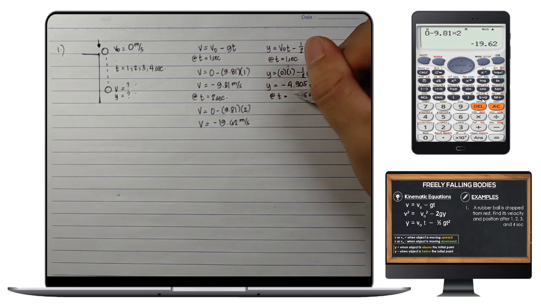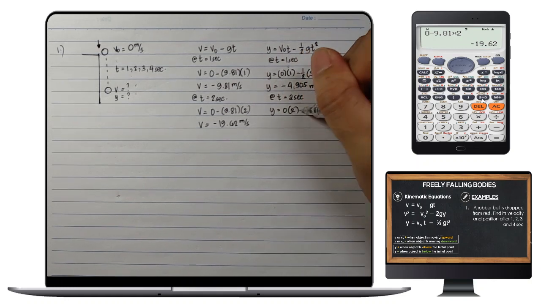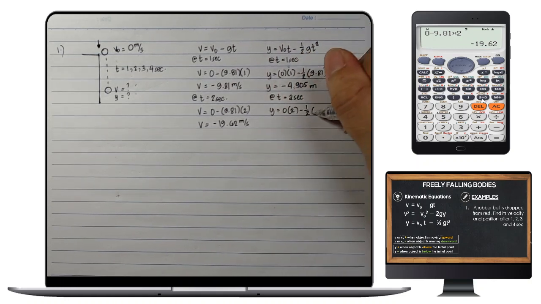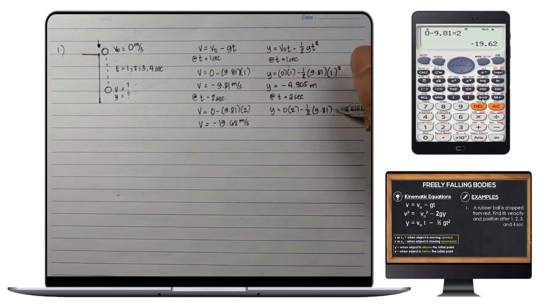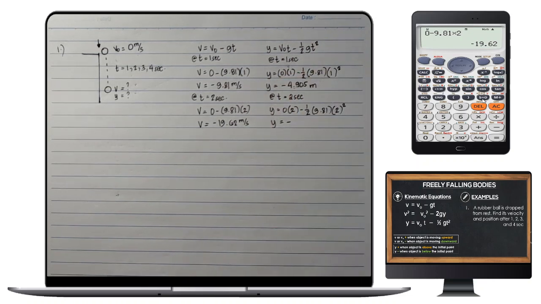So at t is equal to 2 seconds, y natin is equal to 0 times 2 minus 1 half times 9.81 times 2 seconds squared. So yung y natin again will be negative. It is 0 times 2 minus 9.81 times 1 half.